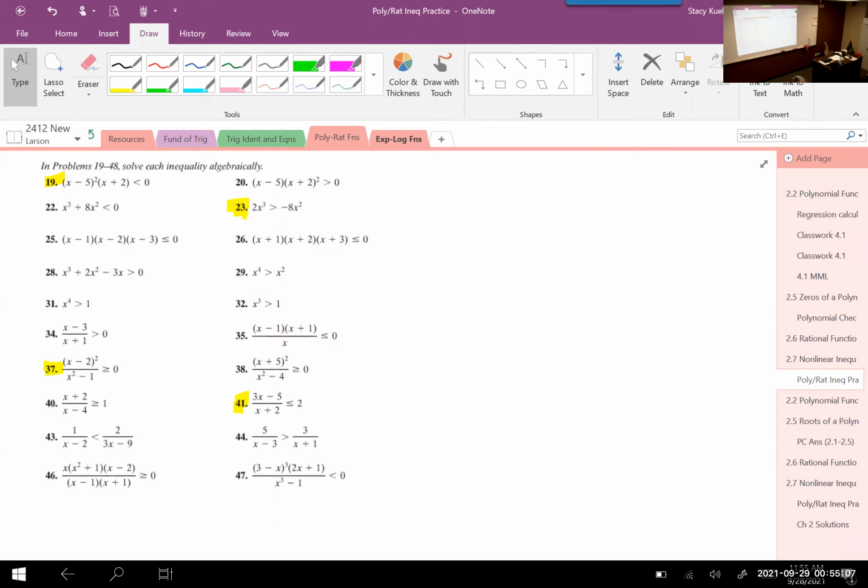You can't include it. Even like on our table, if the values between it is positive.